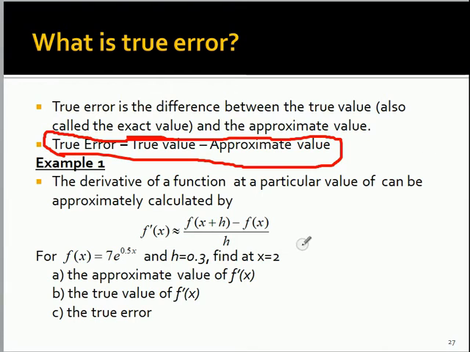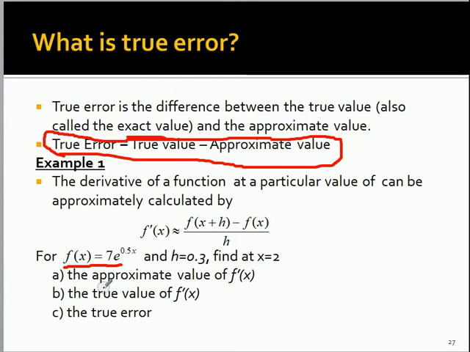So let's see this example. You have the derivative, f of x = 7e to the power 0.5x, h is equal to 0.3, and I find x at 2.